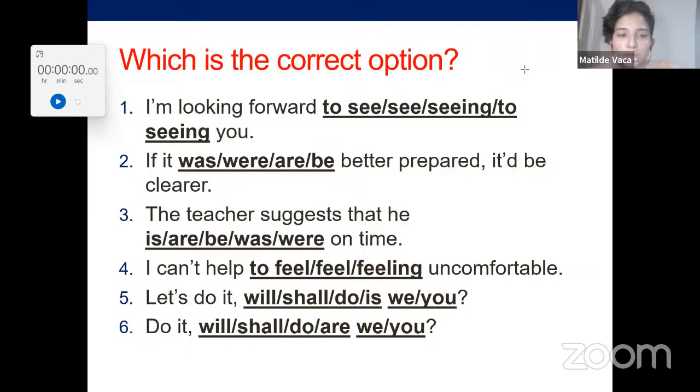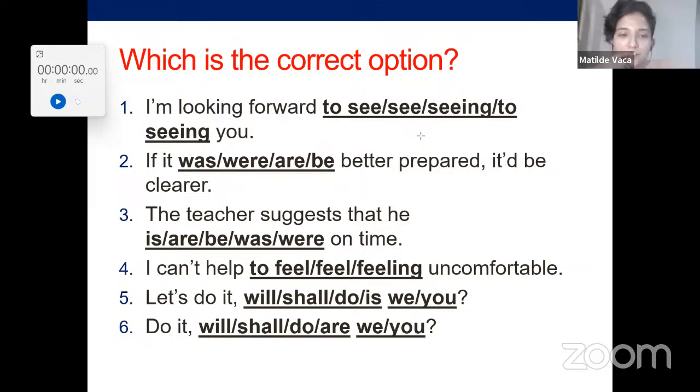I'm not sure, but it's not to see. That one I know. All right. What could it be then? Seen, see, or to see? It's not see.